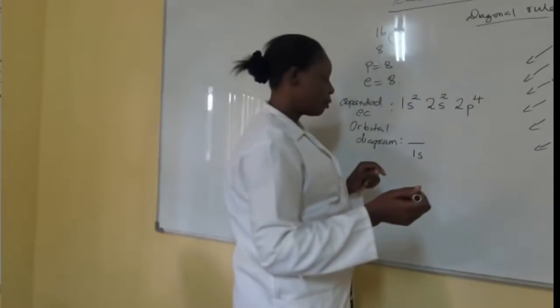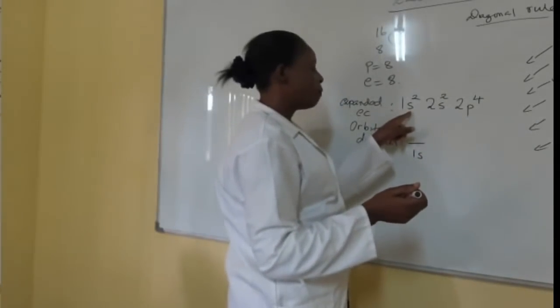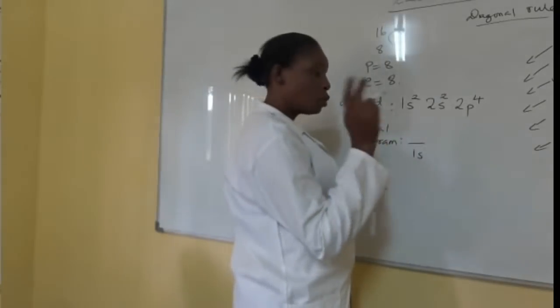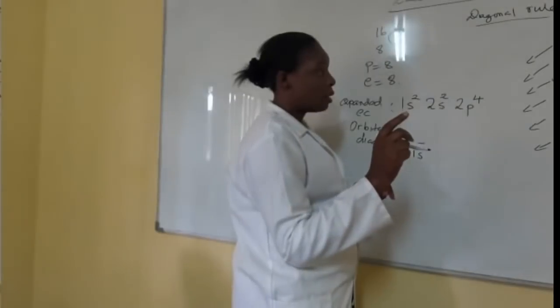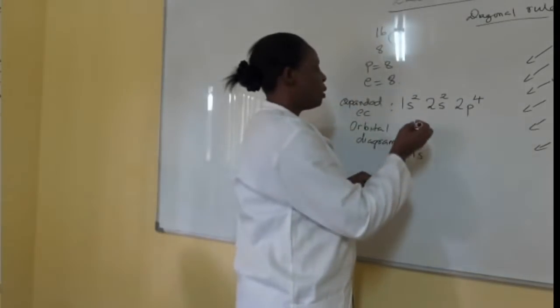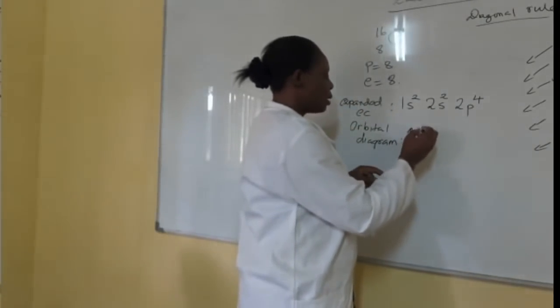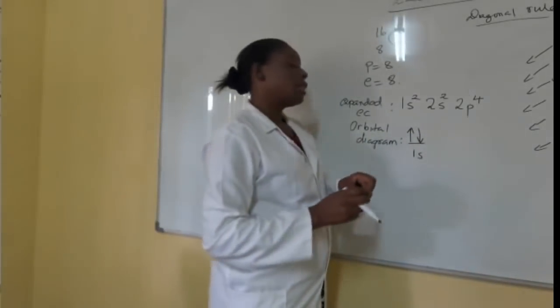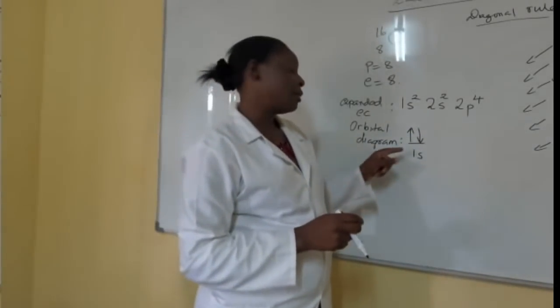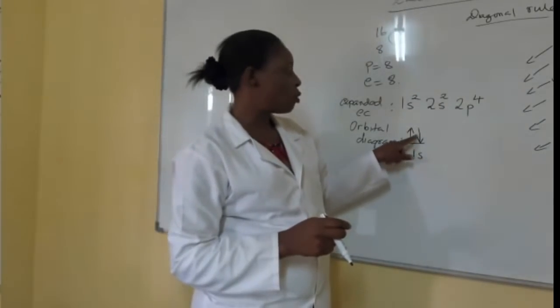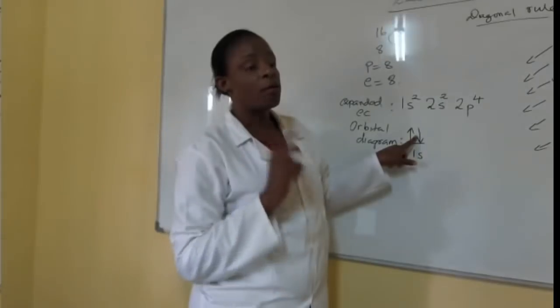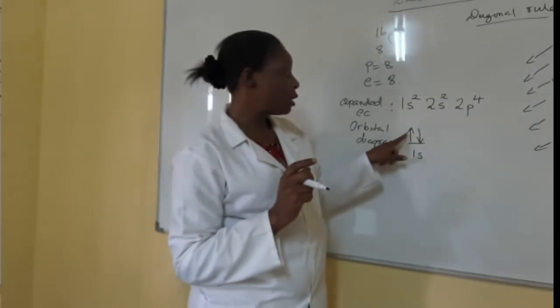How many electrons are in the s orbital? 2. And according to Pauli's exclusion principle, these orbitals will be filled in as shown on the board, because no two electrons in an atomic orbital will have the same set of the 4 quantum numbers.